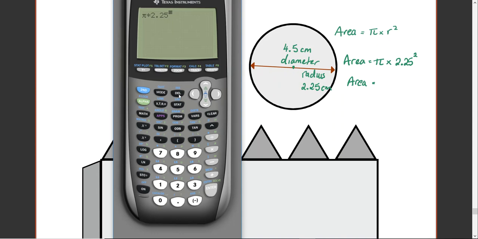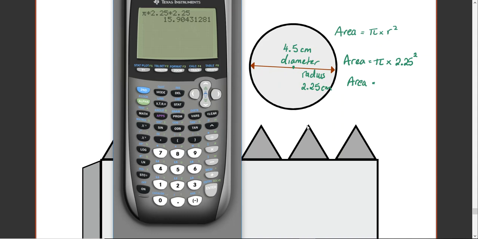It's multiplied by. Okay? So multiply by 2.25. And I get the answer 15.90. So pi, is that how we do it? No, pi is, I don't see it.